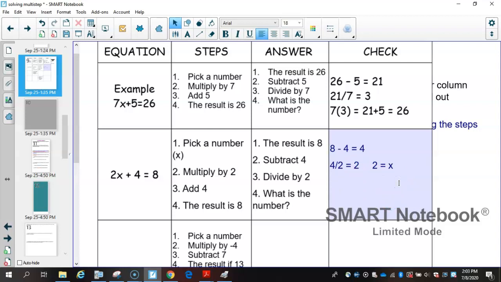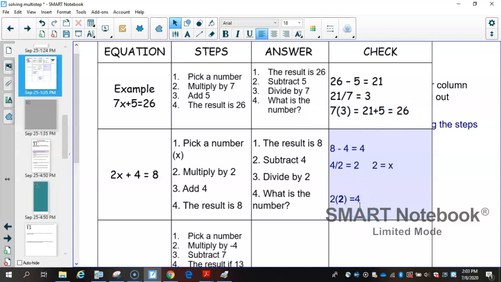Now to make sure this works, we're going to go back and put it into our original equation. 2 times the 2 we found, or this 2 from up here, plus, let me do it like this. You can either put it in all together or you can separate it how it was in the first example.